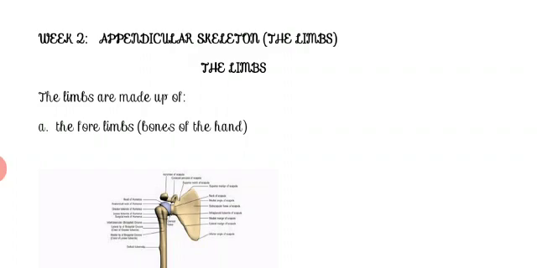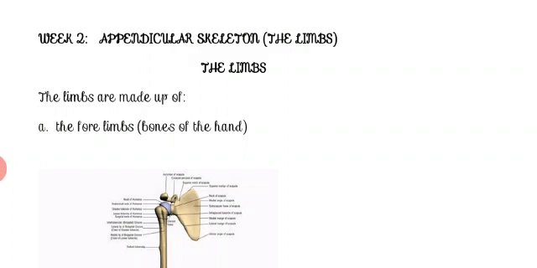If you recall very well, last week we talked about the appendicular skeleton under the girdles, the shoulder girdle and the pectoral girdle. Inshallah, this week we shall be talking about the limbs as earlier mentioned.